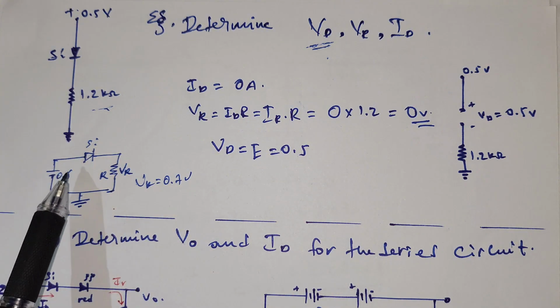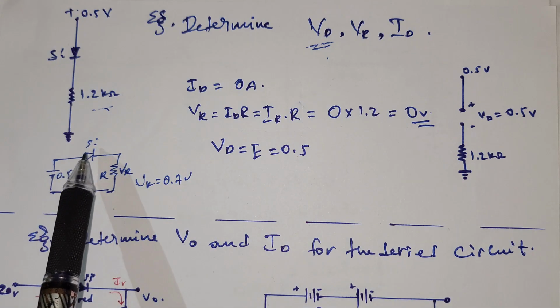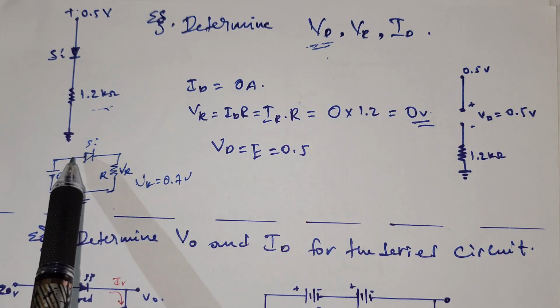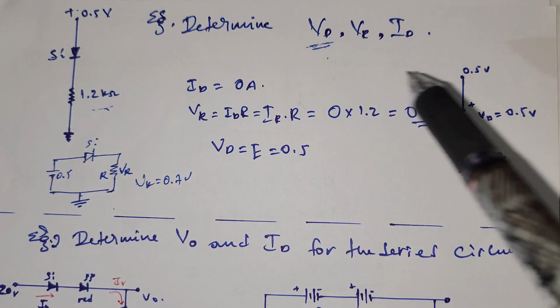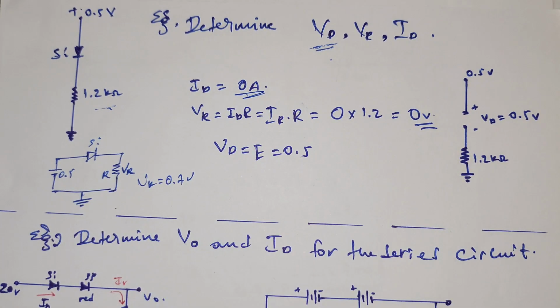Since the voltage is less than the terminal voltage of the silicon, this circuit will be an open circuit, so the current Id will be 0 ampere.